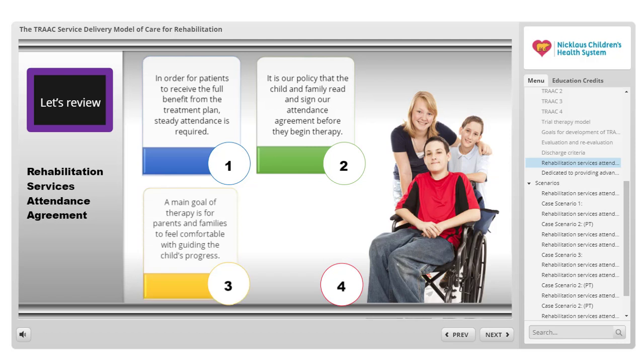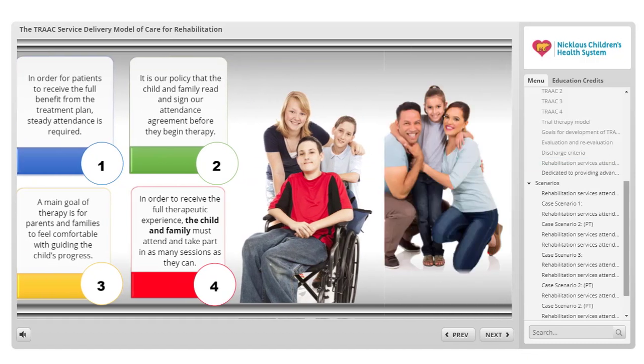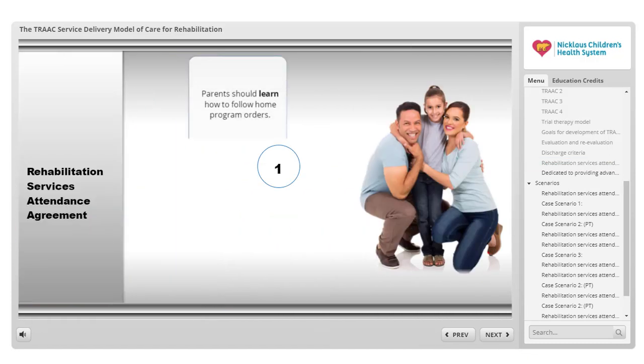A main goal of therapy is for parents and families to feel comfortable with guiding the child's progress. In order to receive the full therapeutic experience, the child and family must attend and take part in as many sessions as they can. Parents should learn how to follow home program orders.